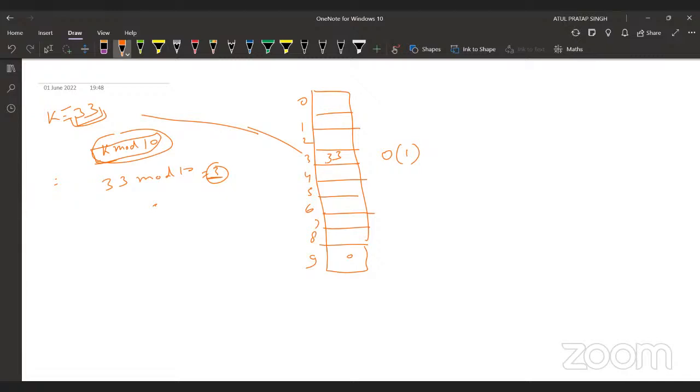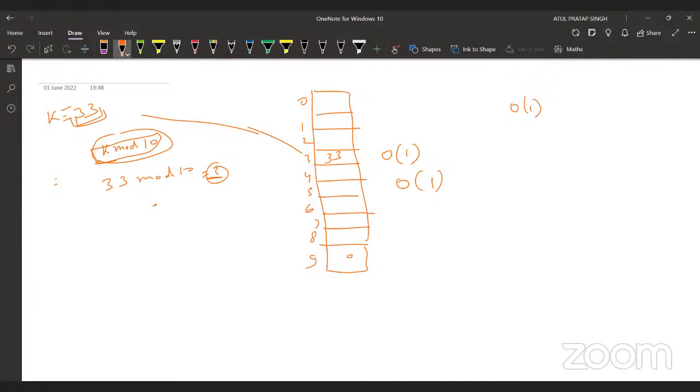So using hashing, we can search any element in order of one time. So this is the basic complexity of hashing.